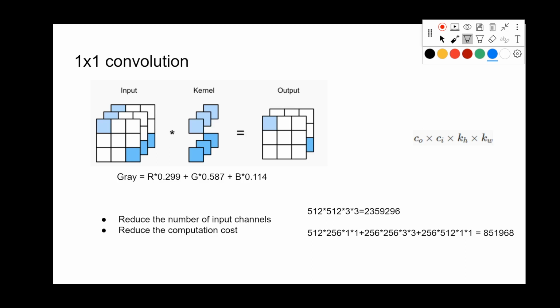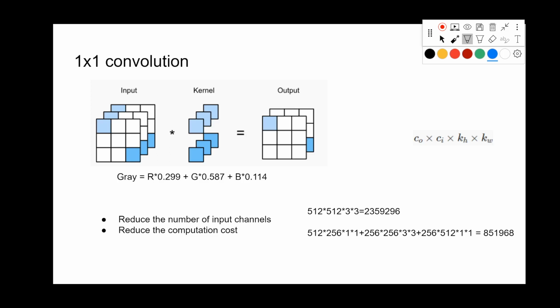But what about the one-by-one convolution? For the one-by-one convolution, we look at a single pixel in the input data only. So we will not try to detect features across the two-dimensional space. Instead, we detect the feature in depth.